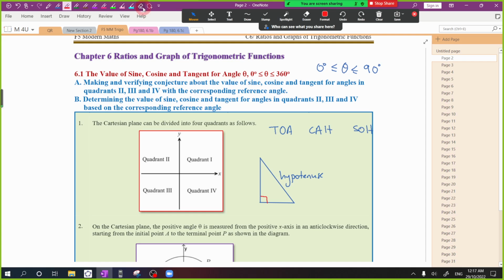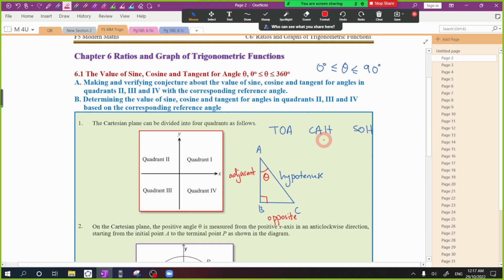Now, let's say the theta is over here. Let me label it first: A, B, C. BC is opposite the theta, right? So we call this side BC the opposite side. And AB is the side which is nearer to theta. So we call AB the adjacent side.